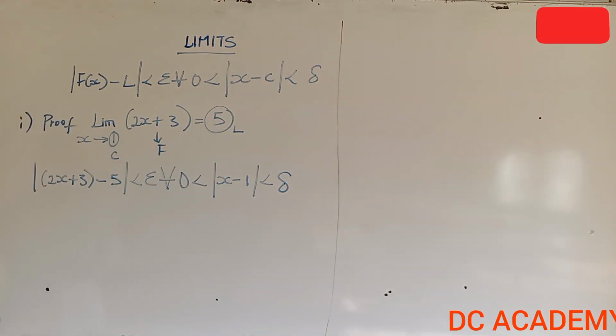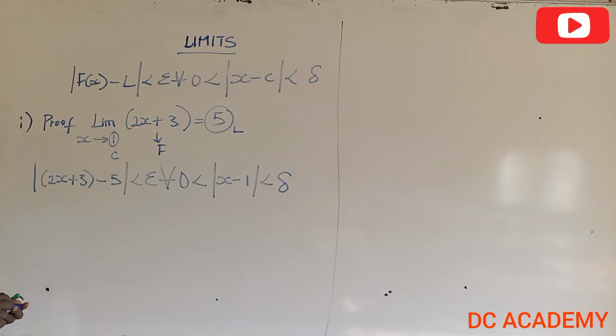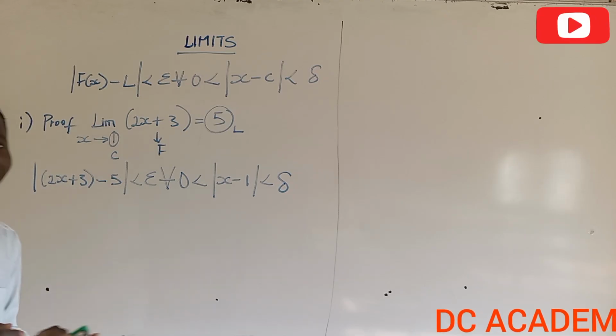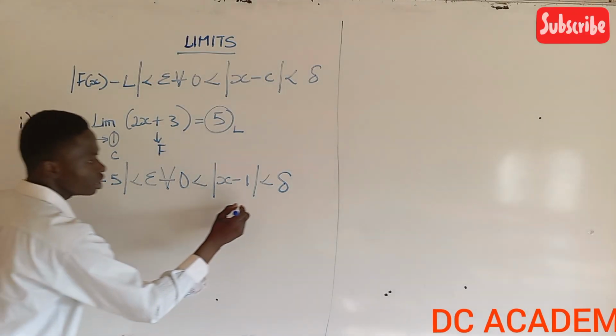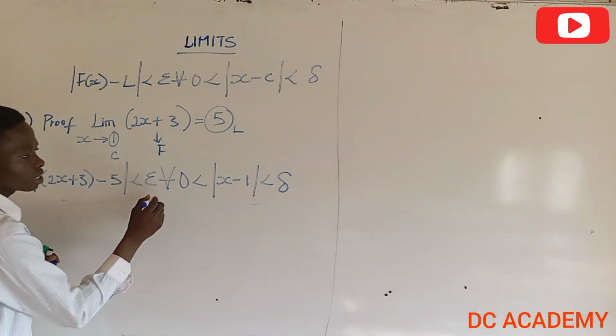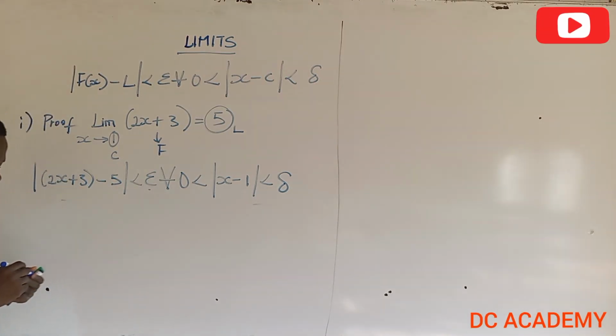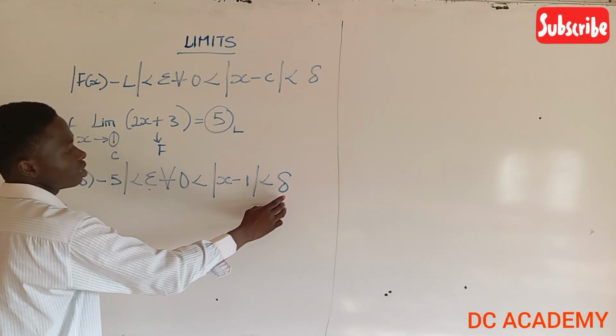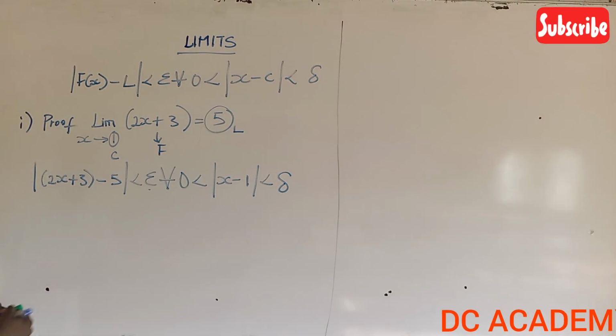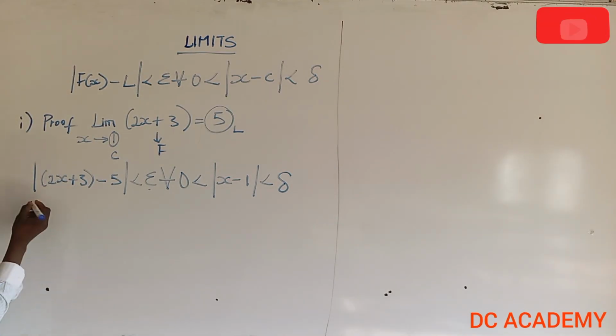Having known this, the main aim of this proof of limits is to find the relationship between this and this, making use of this epsilon. Now, let's work on this.